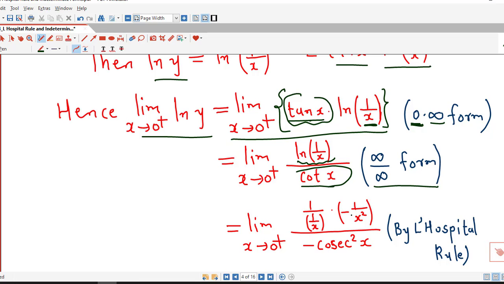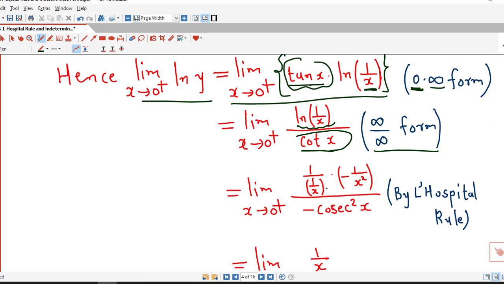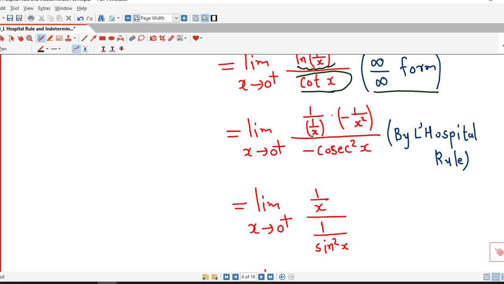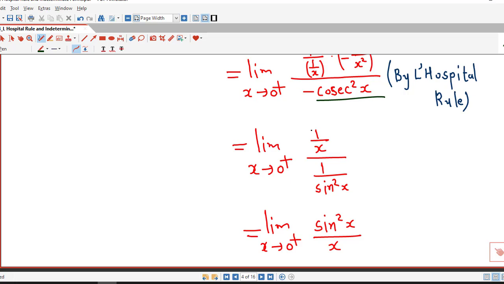Now here we can check the negative sign will cancel out, and we have 1 over 1 by x, which is nothing but x, so that x will cancel out with this x square, so we are left with 1 by x, and this we rewrite as 1 over sin square x. And if we rewrite this again, this is nothing but 1 by x into sin square x, which is sin square x by x.